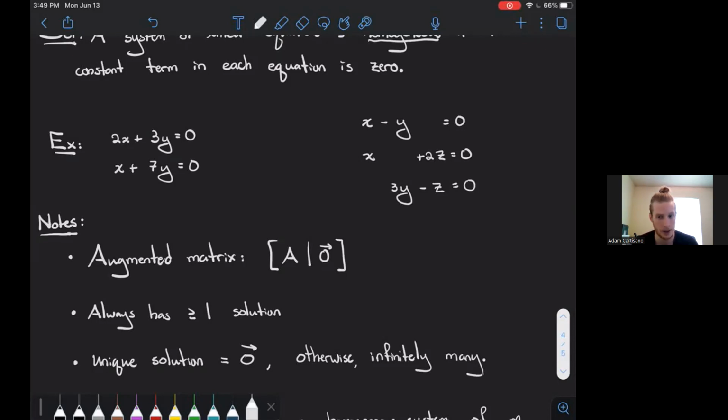But if there is a unique solution, that solution will be the 0 vector. And if it's not the unique solution, then there are at least 2. But remember, if there are at least 2 solutions to a system of linear equations, then there are infinitely many. We talked about that in section 2.1.